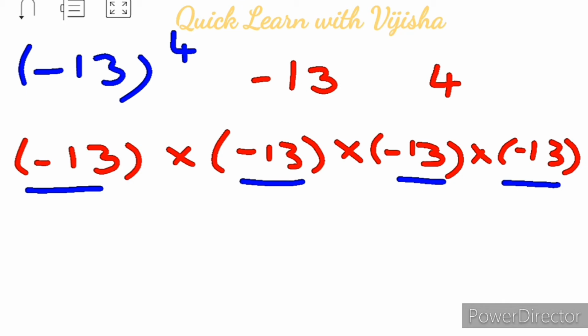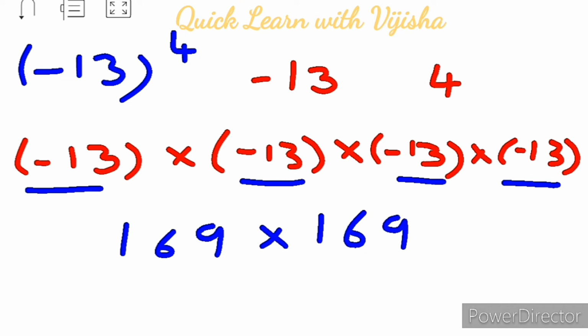Now coming to the value, 13 into 13 will give you the answer 169. Again 13 13s will give you the answer as 169. Solve the multiplication sums carefully. You can also check out a video on how to solve multiplications in a simple way. I have it in the description box, so do check that video.